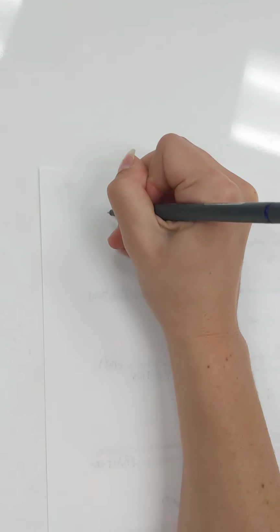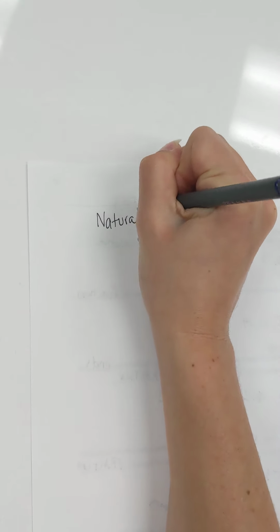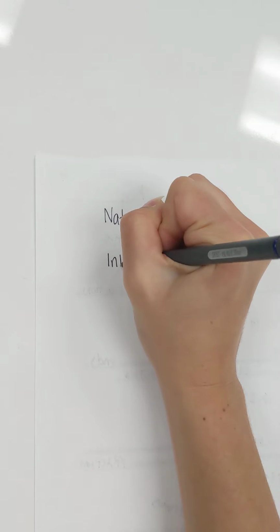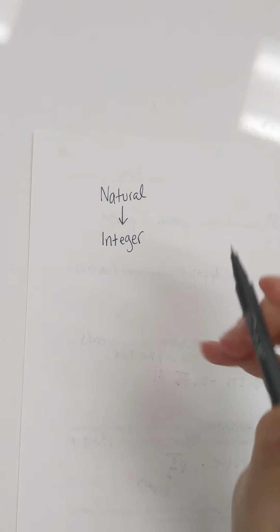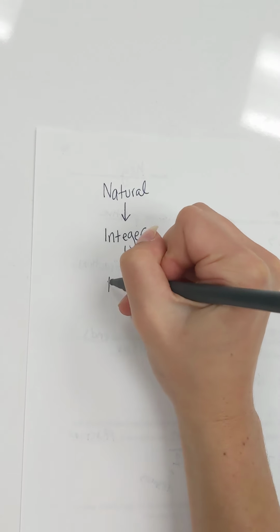Now, you want to know that if you know a number is natural, that means it must also be an integer. If a number is an integer, it must also be rational.